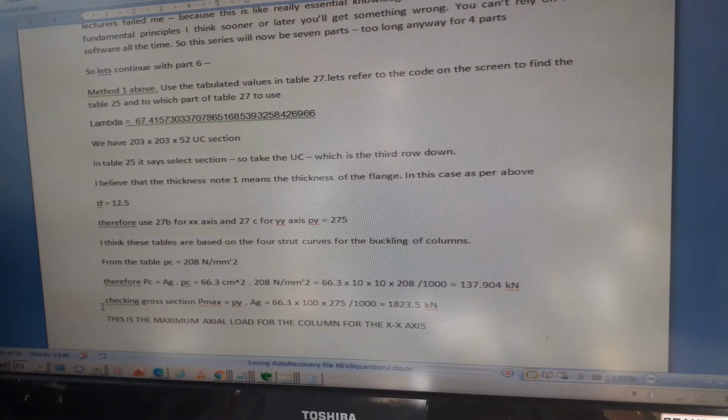Just to make sure I've got that right, if it were 100% axial load with no buckling, Pmax equals py times Ag, 66.3 times 100 times 275 divided by 1000, 1823.5. Whoops, that's not right.